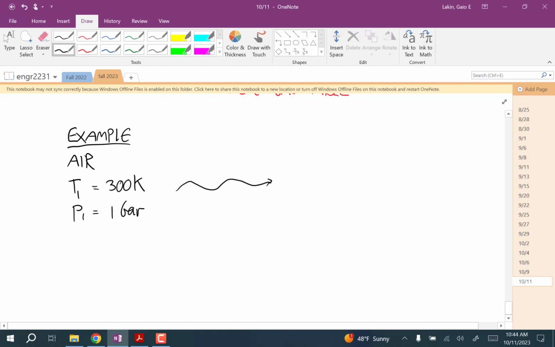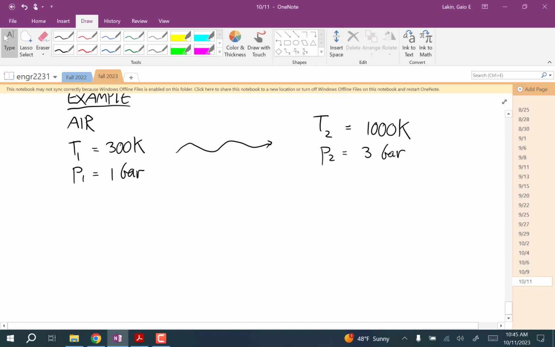It's going to go through a process that takes it to a temperature of 1000 Kelvin and a pressure of 3 bar. And we want to calculate delta S.